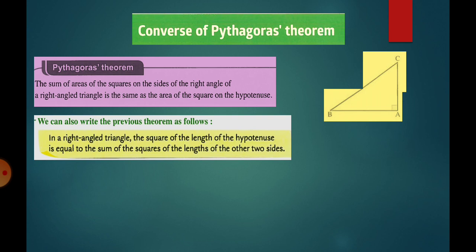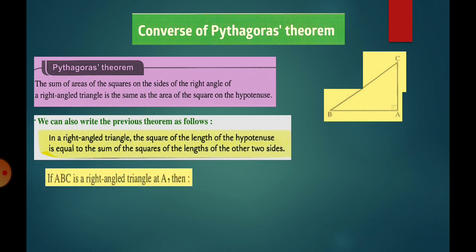We can also write the theorem as the following. In a right-angled triangle, the square of the length of the hypotenuse is equal to the sum of the squares of the lengths of the other two sides. We can write the theorem in the form CB power 2 equals AB power 2 plus AC to the power 2.